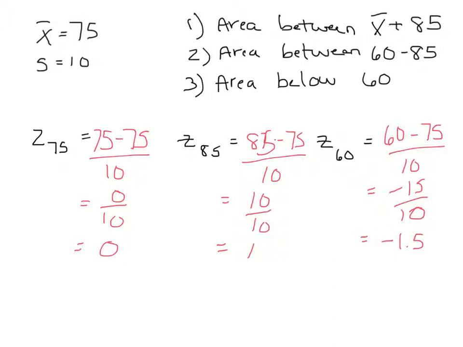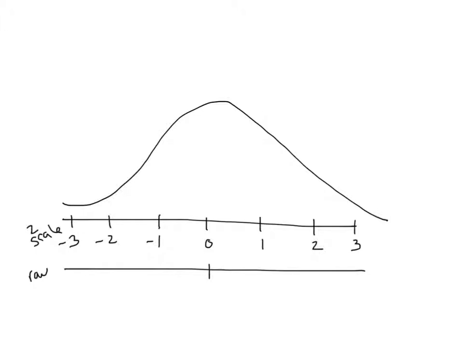So we're going to go ahead and plot those. Before we do that, we need to include our raw scale. Our raw scale, we had a mean of 75 and a standard deviation of 10, so that would bring us to 85, 95, and 105, as well as 65, 55, and 45. Our first job is to label our z-scores that we got.